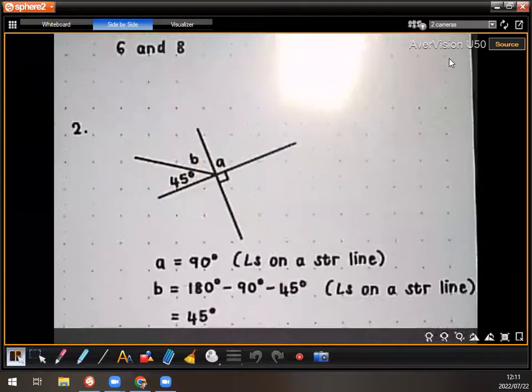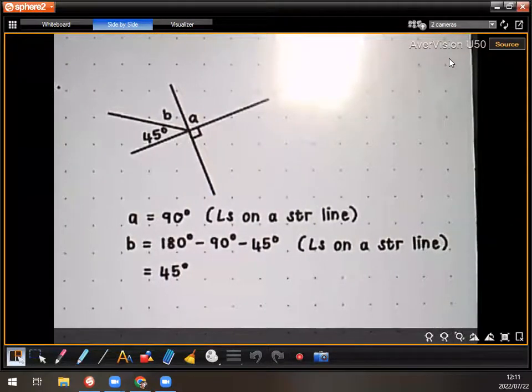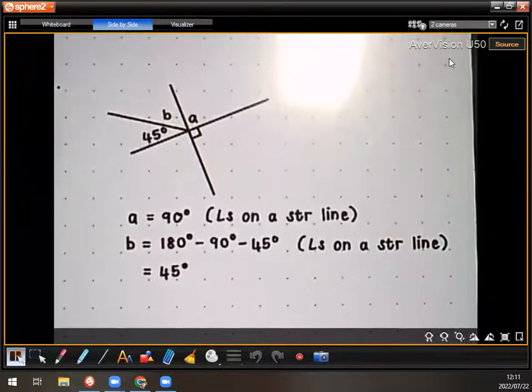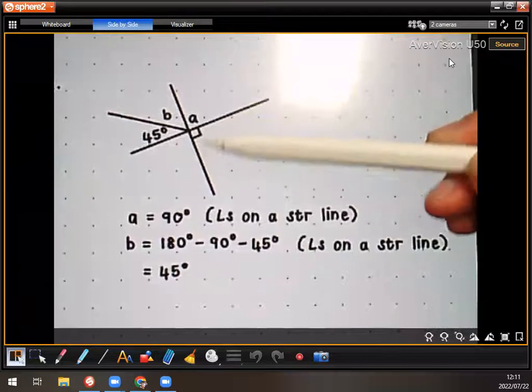All right, let's look at number 2. Now, there's quite a few of you asking questions about this first diagram in number 2. So, guys, they said determine the sizes of the angles marked A to B because they were C and D in the other question. So here, do we remember that this means that it's a 90-degree angle, right?